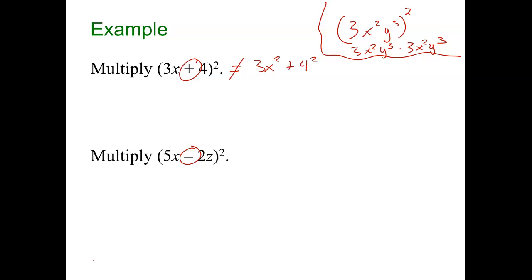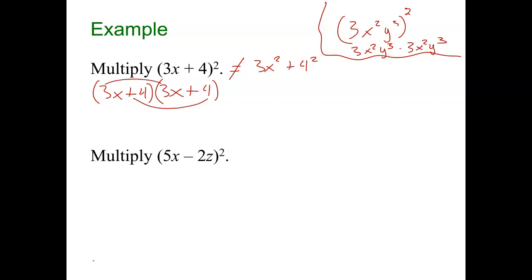Power rule only works for a monomial. When I add in a binomial, I need to remember, okay, I'm multiplying something by itself. I'm multiplying 3x plus 4 times 3x plus 4. So I have to distribute each term in the first by each term in the second. If I just apply the square to the 3x and the 4, then the only thing I'm multiplying is these.